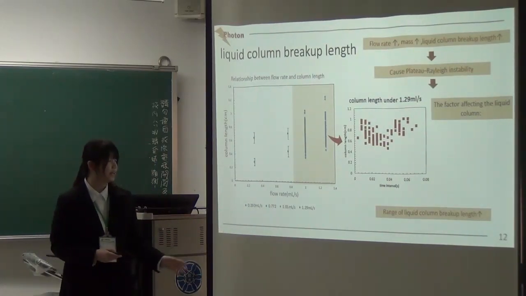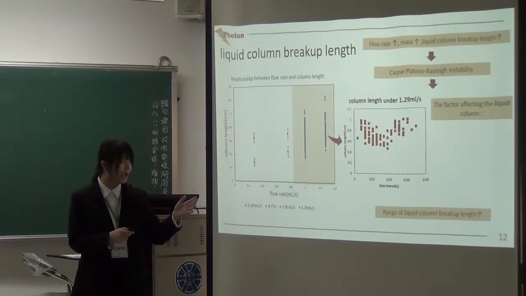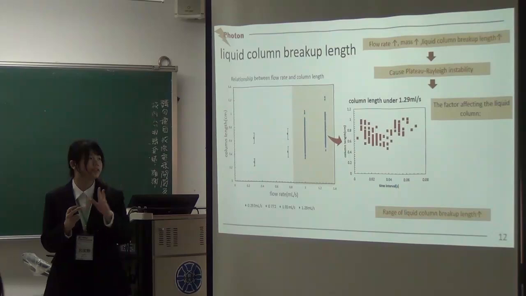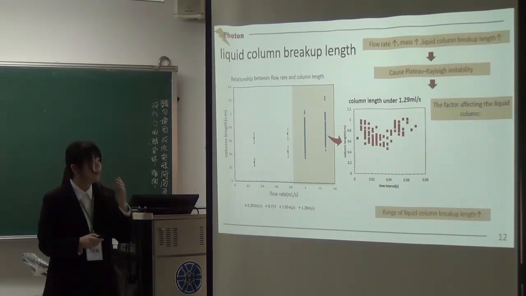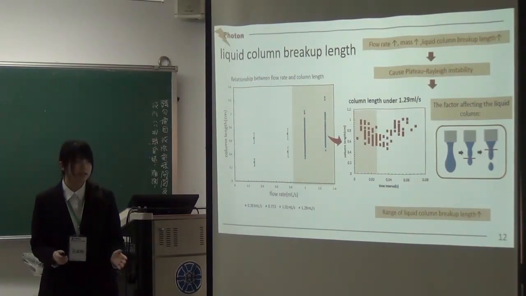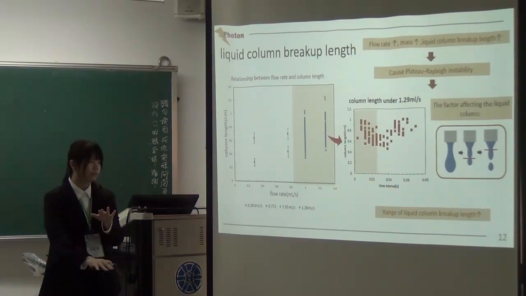this is about the chaotic condition's liquid column. The x-axis is time, the y-axis is liquid column well-length. So we have two factors that affect this liquid column. See, the left side is because of the plateau-Rayleigh instability, because of the turbulent flow below.